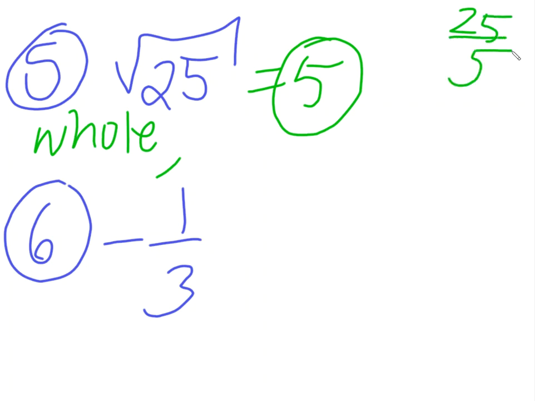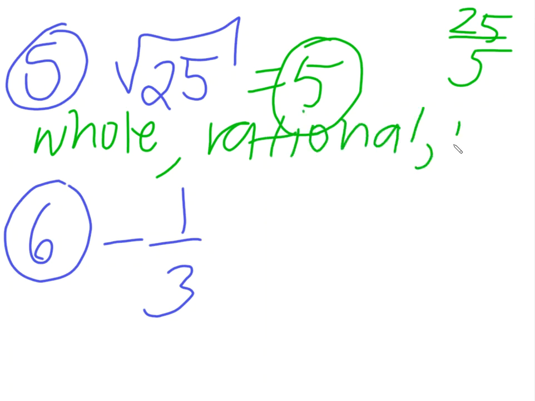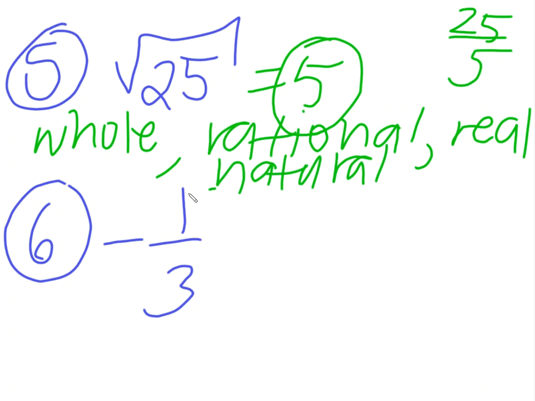So that is also a rational number, which means it's also a real number. And it's not irrational, so you can get rid of that. And it is also a natural number, because of the umbrella of a whole number. And it's not 0 either, which makes it also a natural number.